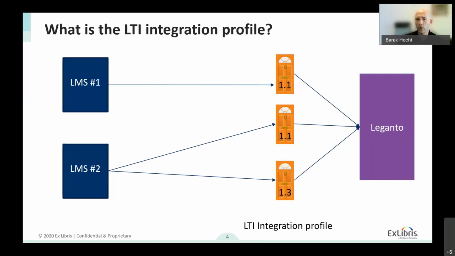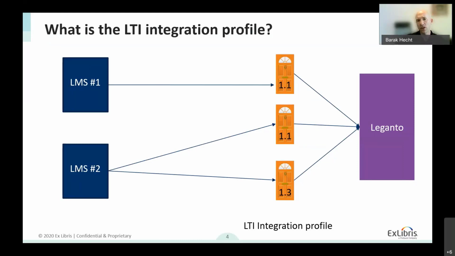And every door you create, you also get a key to open this door. So once you create this integration profile, you copy the key that you get from Alma and you place it in the LMS. And this is how, when students arrive at this door, the LMS knows to provide the key.